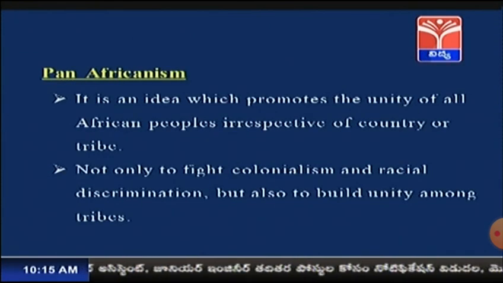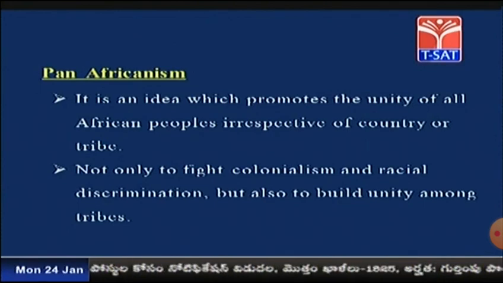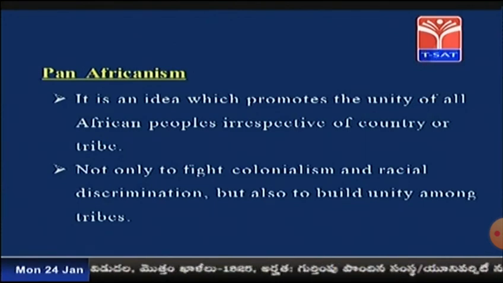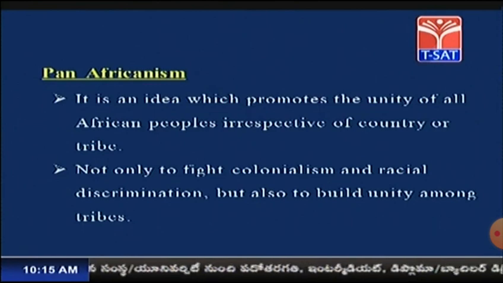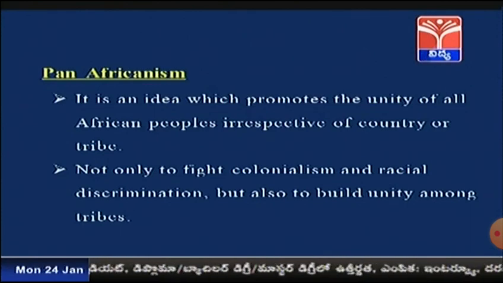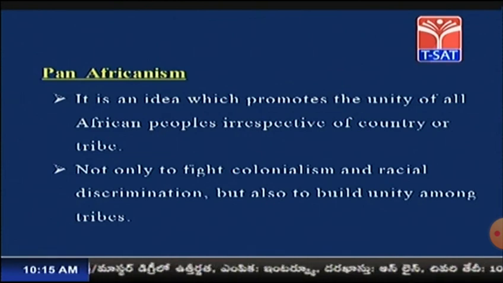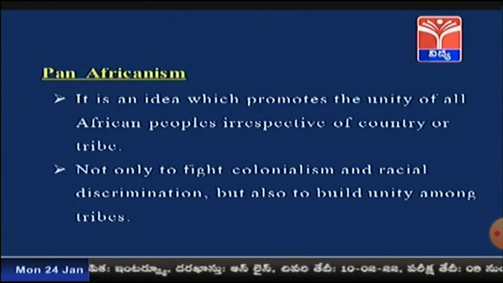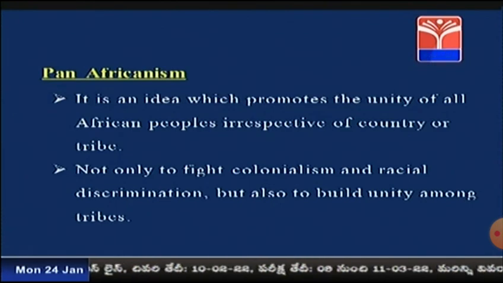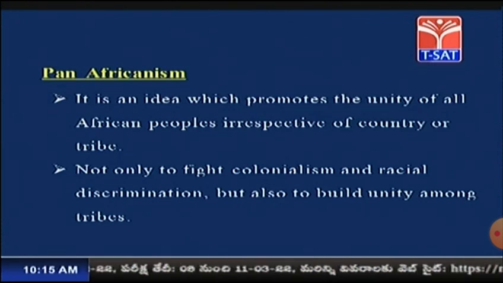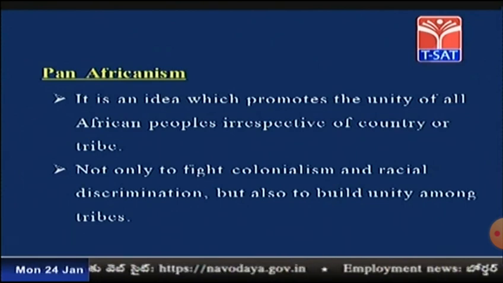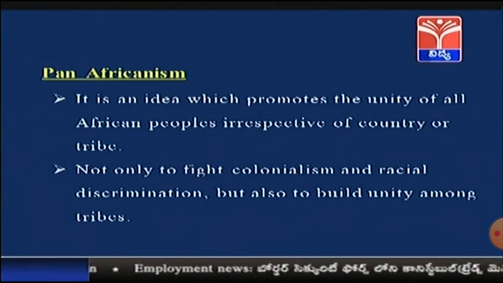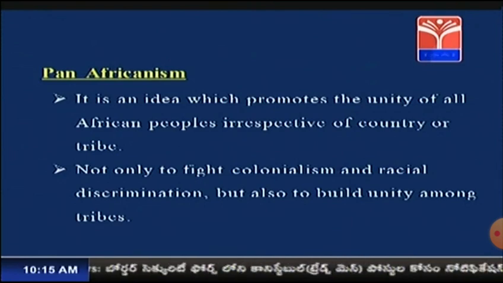Pan-Africanism. Pan-Africanism is an idea which promotes the unity of all African peoples, irrespective of country or tribe. This is the most important thing in the liberation movement of Nigeria, because all the people who were suffering with the policy of divide and rule opposed this policy and wanted to fight against colonialism.